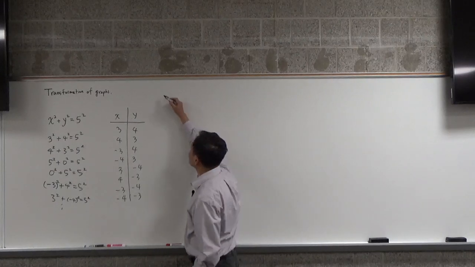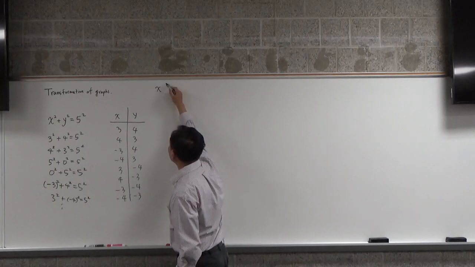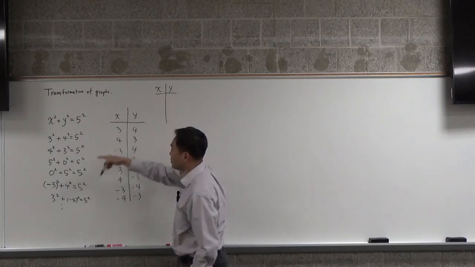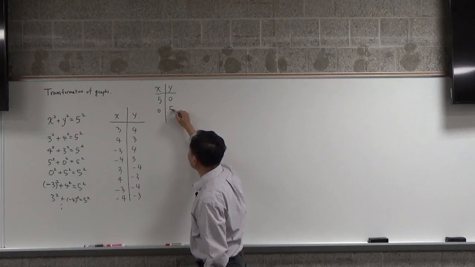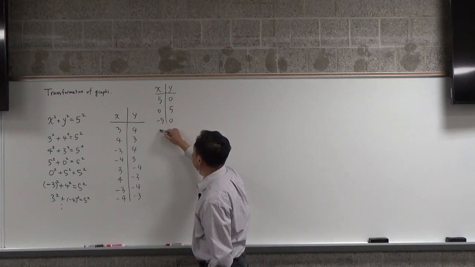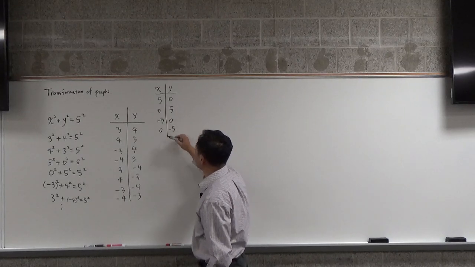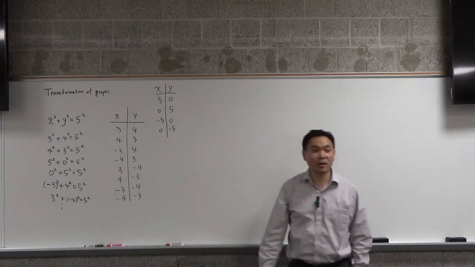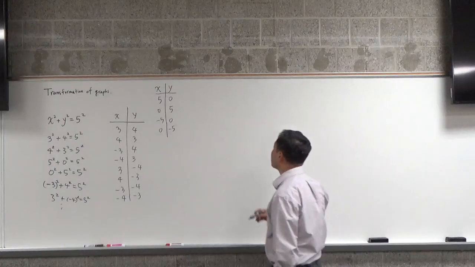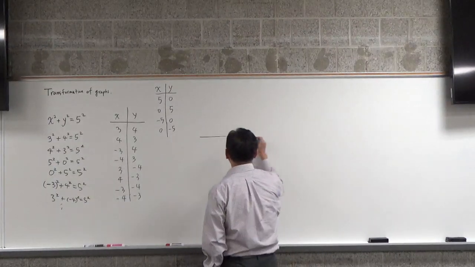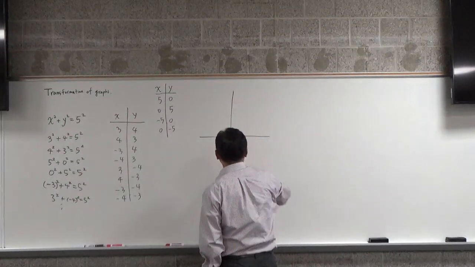In addition, you could also have x, y as 5 and 0, so it could be 5, 0, 0, 5, negative 5, 0, and 0, negative 5. Okay, so we identified 12 different points on this graph. And let's use them to see what the graph would look like.